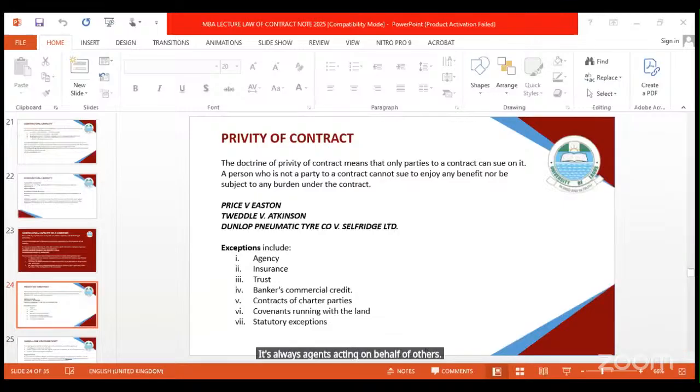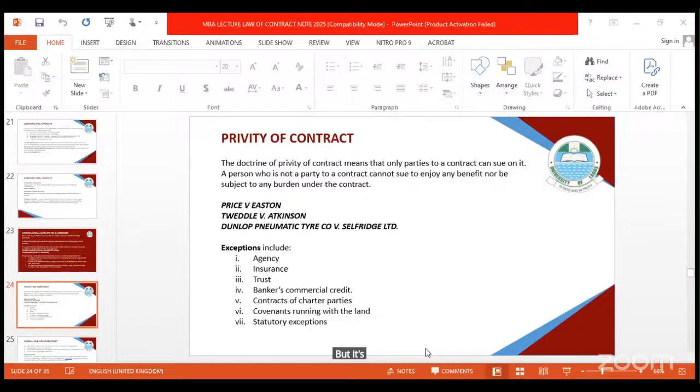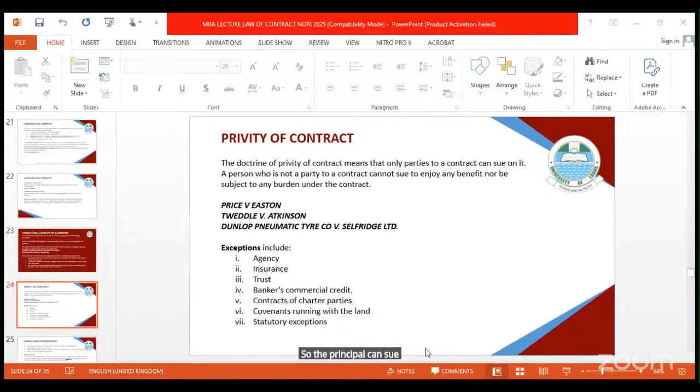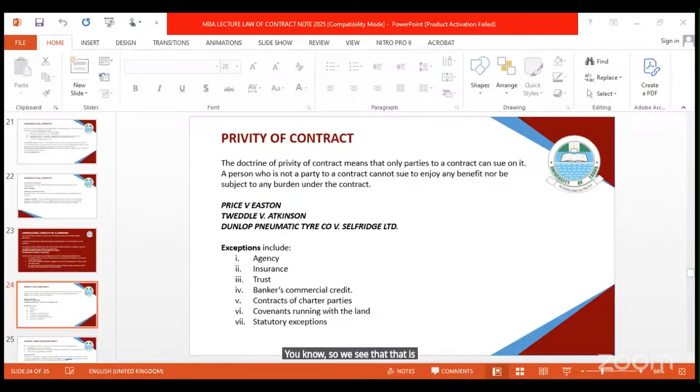But we're saying here, look, even though the principal is not party to those contracts, anything that is done by the agent binds the principal. So the principal can sue if the agent supplies goods to the third party and the third party is not paying. The principal can sue the third party and claim the money, even though the contract was between the agent and the third party. So we see that itself is an exception.